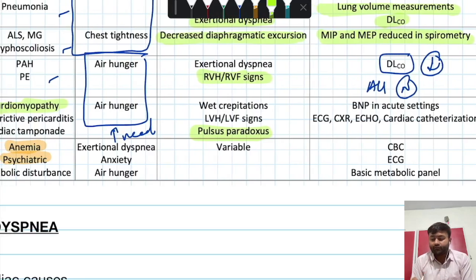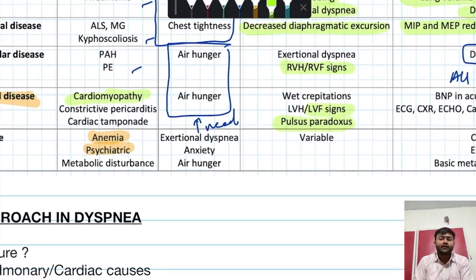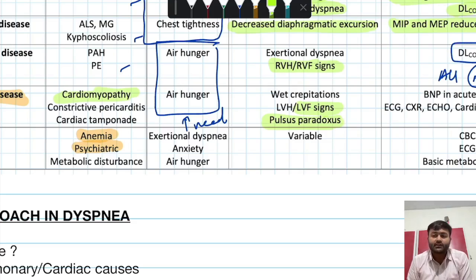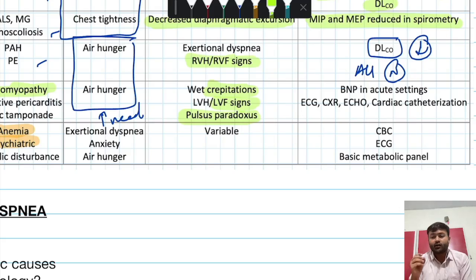And left ventricle failure signs can be seen in ischemic cardiomyopathy that affects the left ventricle characteristically. So you will see a left ventricular S3 heart sound, and basal crepitations will be found. And in these conditions, because acute presentation is likely, like in cardiac tamponade or in left ventricle MI, you can go with BNP testing, and BNP is likely to be elevated if the cause is cardiac in nature.